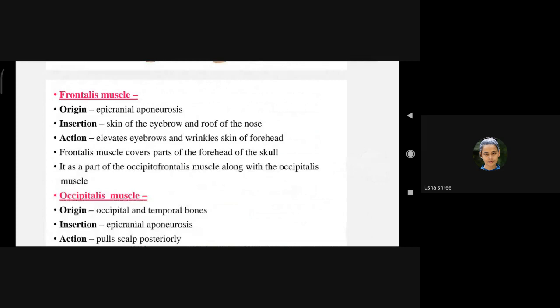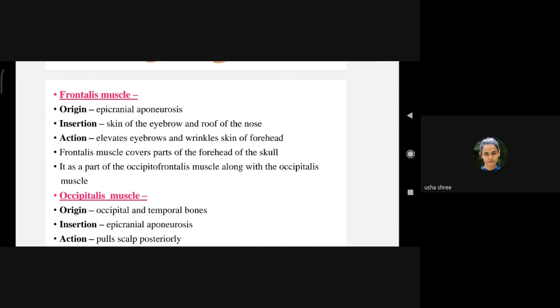And what is its action? It elevates the eyebrow and wrinkles the skin of the forehead. We elevate our eyebrows when getting amazed or so happy, or in similar emotions.